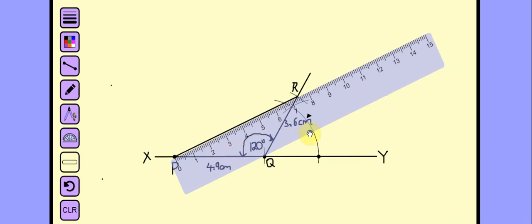I am getting the length 7 point, that almost seems like 7.3. Hold on, let me position my ruler a little better here. Alright, so I am getting something around the region of 7.3 centimeters.